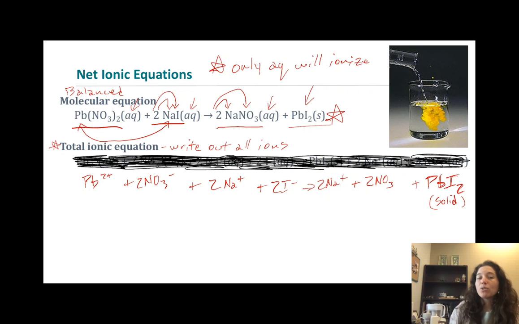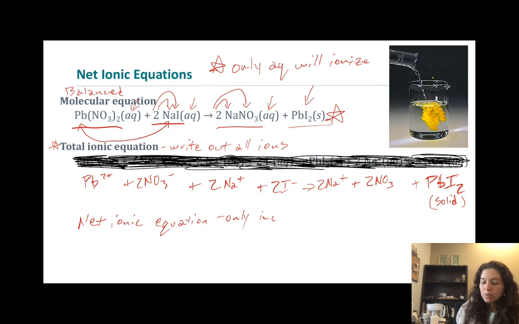So now that we have our total ionic equation, we can write our net ionic equation. And our net ionic equation, again, only includes the things that react, i.e. it means you leave out your spectator ions.